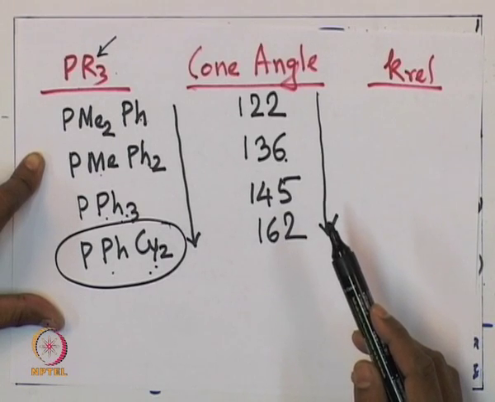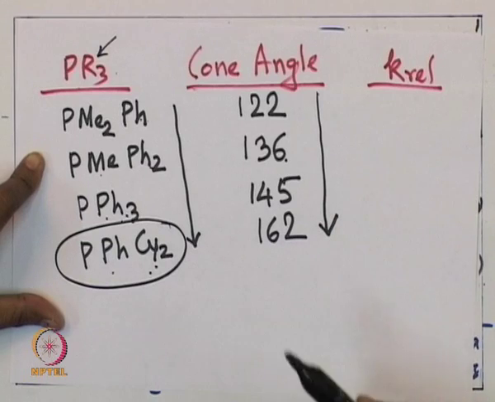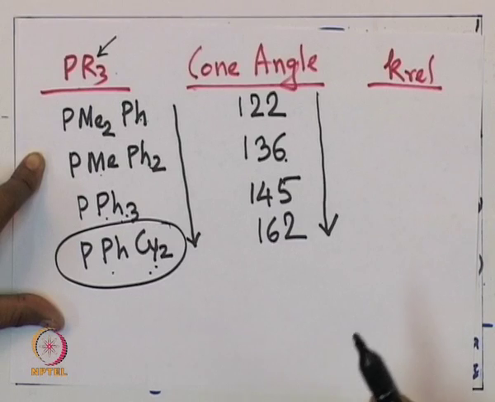So, a bulky ligand gives rise to steric hindrance, and therefore, dissociation of the phosphine becomes much easier, right.